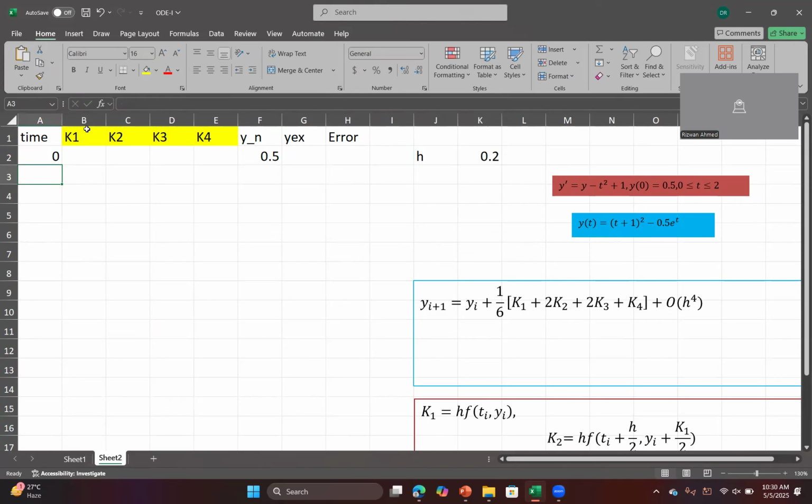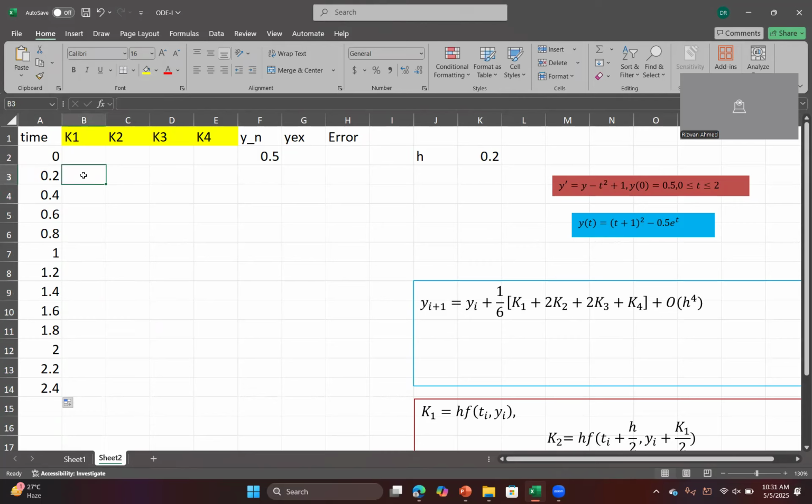So for the first step, the time can be generated by adding this value, which must be kept fixed in the further time step calculations. Time is the independent variable, so there is absolutely no problem.